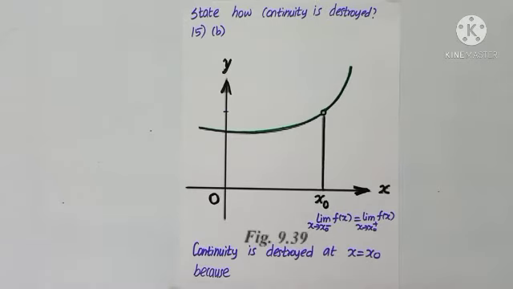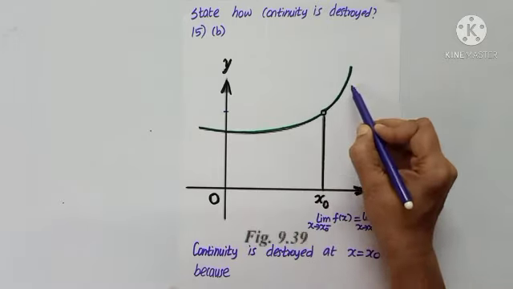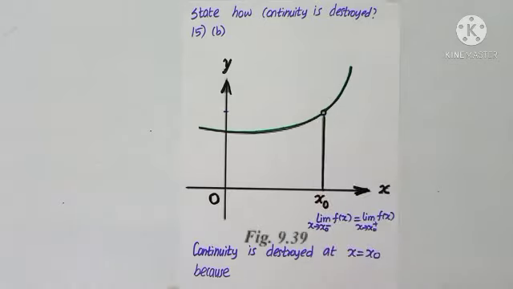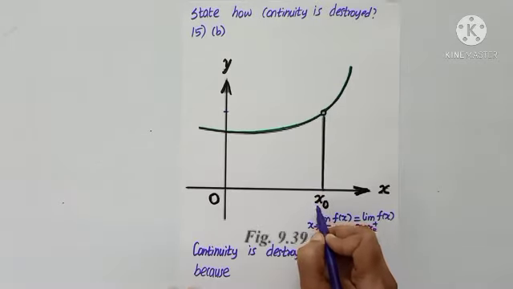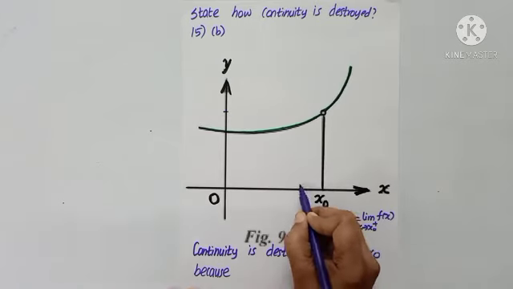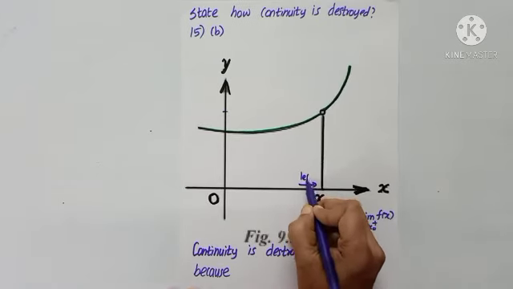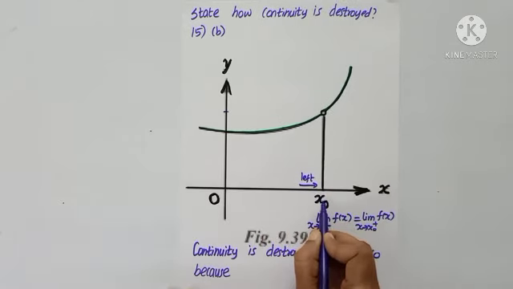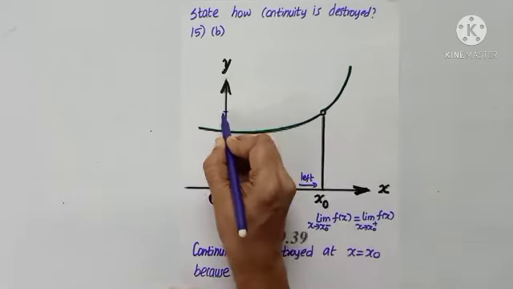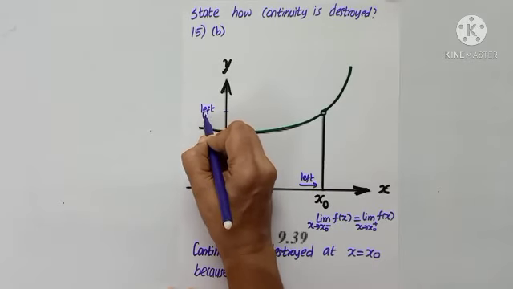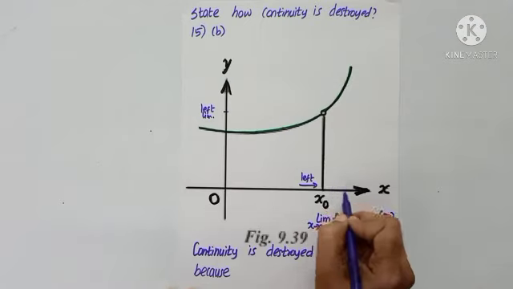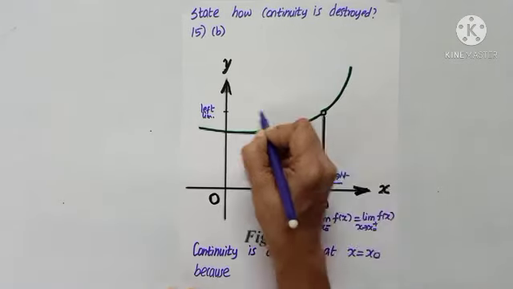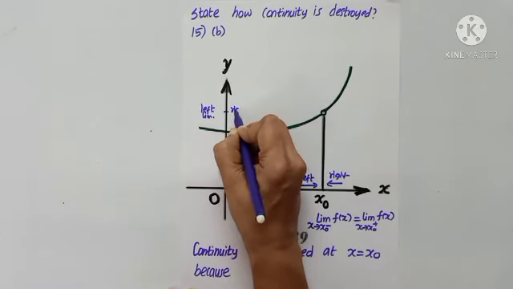B part, here we are given the curve and there is an open circle here. If I look at x naught, as x approaches x naught from the left, the corresponding value we have is the left limit. As x approaches x naught from the right, now also I have the same value as the right limit.